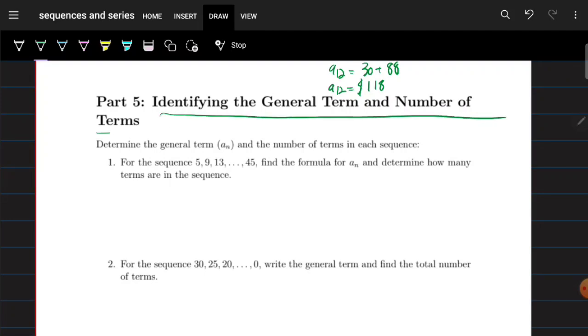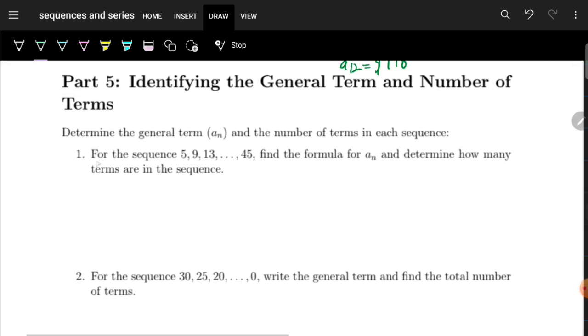Let's go to problem 5. Identifying the general term and the number of terms. Determine the general term, an, and the number of terms in each sequence. For the sequence 5, 9, 13, all the way up to 45, find the formula for an and determine how many terms are in the sequence. Let's first find the general term.